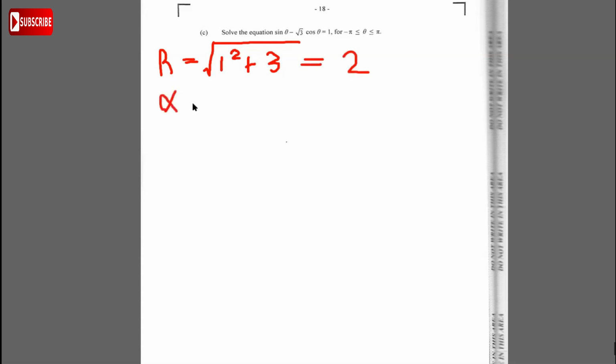Alpha is tan inverse of b over a. And so it's going to be tan inverse of minus root 3. Put that in a calculator, tan inverse of minus root 3, and I'm getting minus pi by 3.